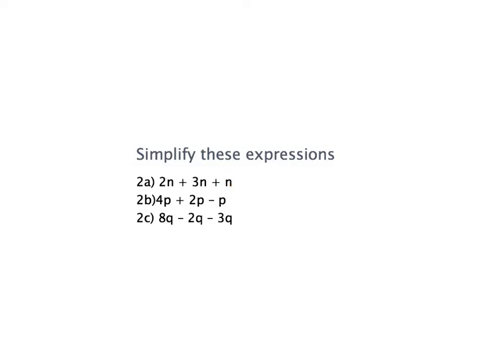So 2n plus 3n plus 1n is going to give us 6n. The next one, 4p plus 2p is 6p, minus 1p is 5p, and then 8q minus 2q is 6q, and 6q minus 3q is 3q. So it's just straightforward adding and subtracting.